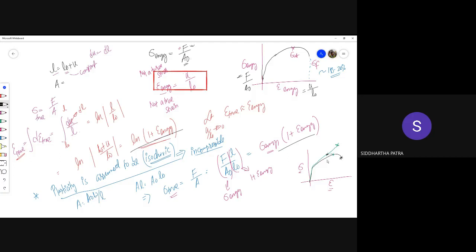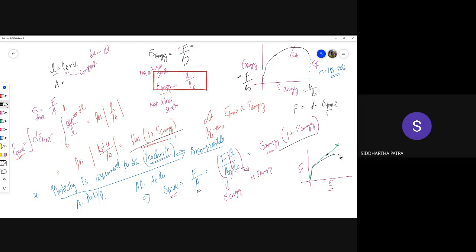The fact is, once you go past the ultimate stress, your cross section reduces so much that it's not the stress value that is reducing, but it's this F value, because F is A times true stress, right?